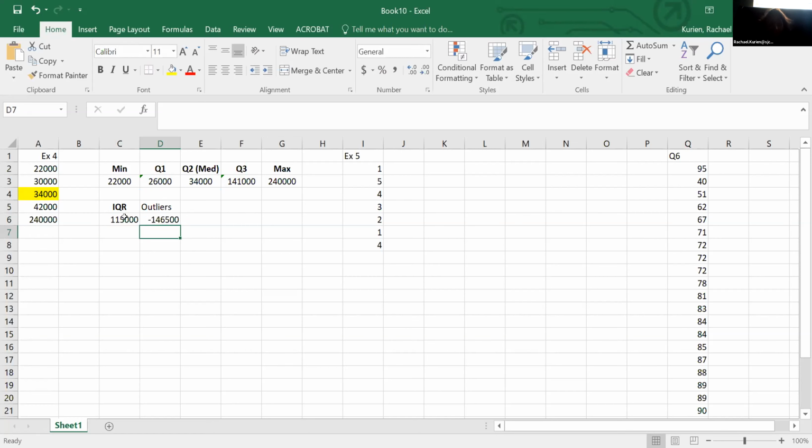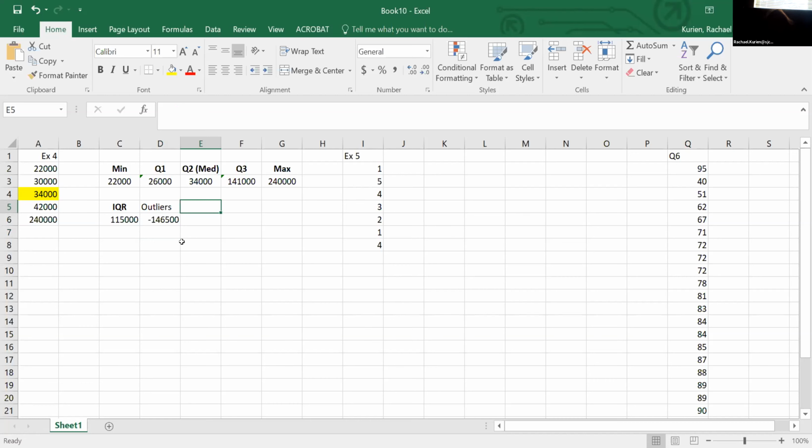Is that in our data value? Do you see anything less than that? No, because think about it. They're making money. They're supposed to be making money. This is their salary. So if they're getting negative 146,500, then the company's taking money away from them. I'm pretty sure that's illegal.